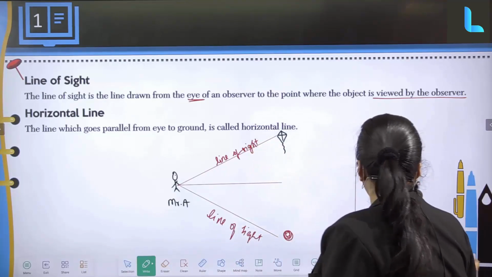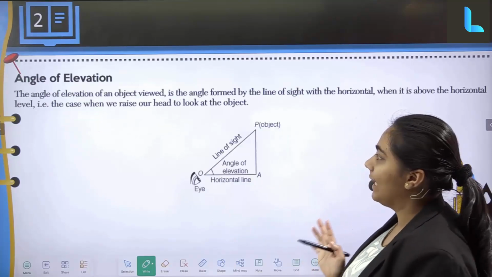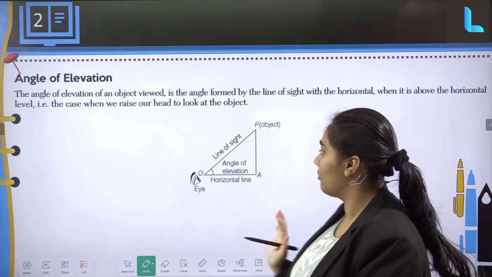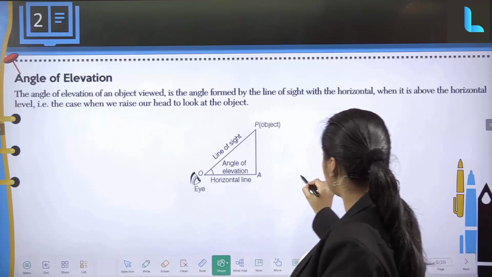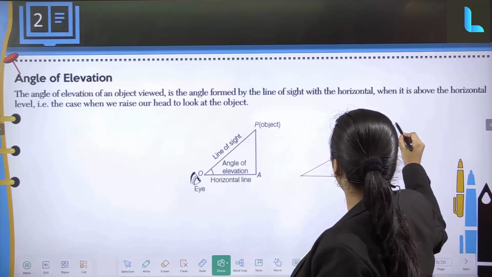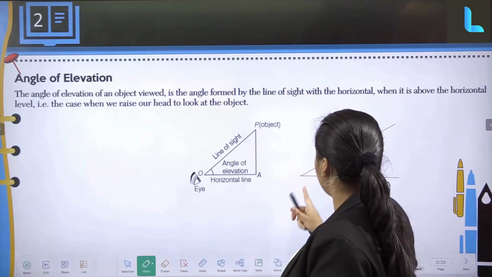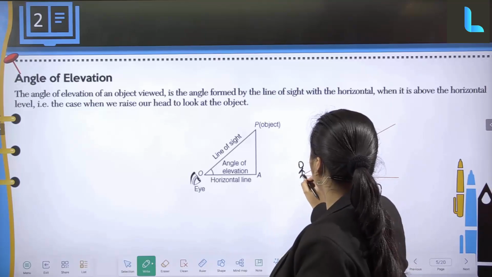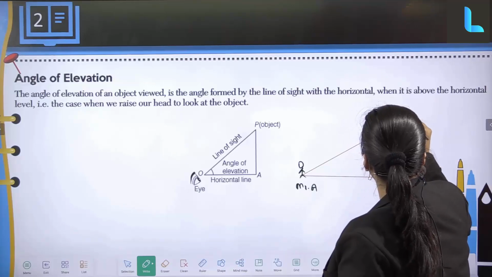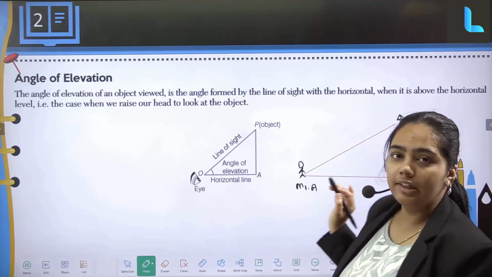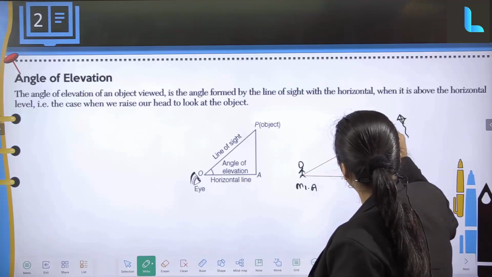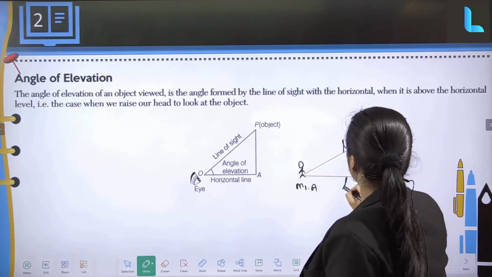Next thing, angle of elevation. Even over here we can continue the same diagram which we had considered. Mr. A was standing over here and flying a kite, and we had a kite over here. This was my line of sight and this is my horizontal line.